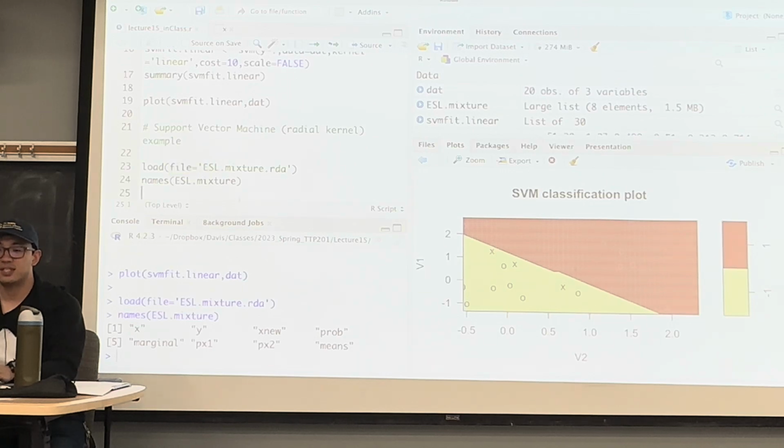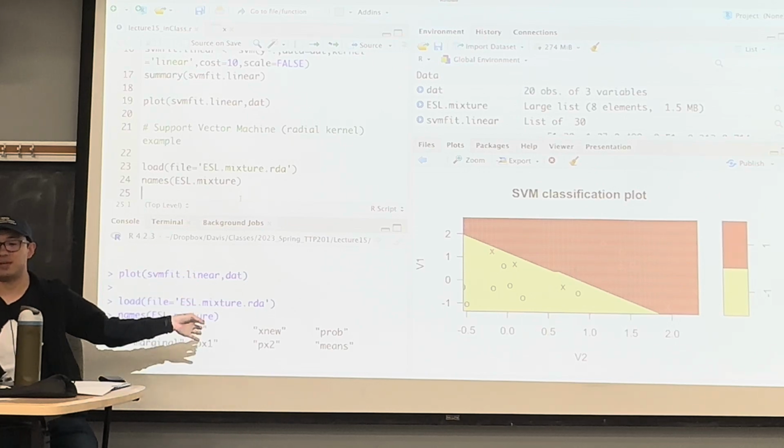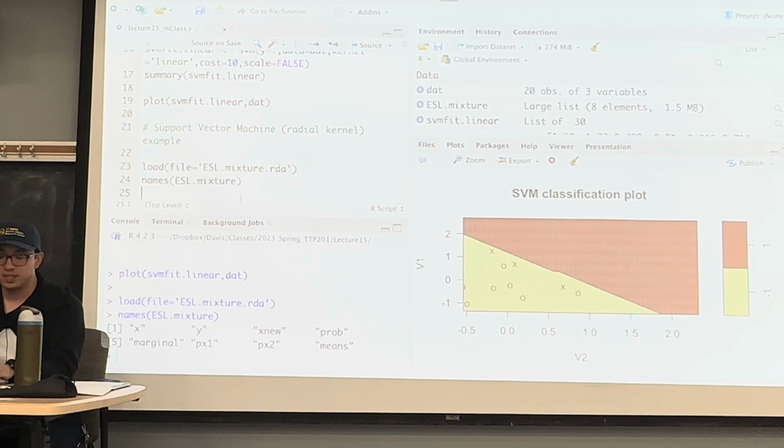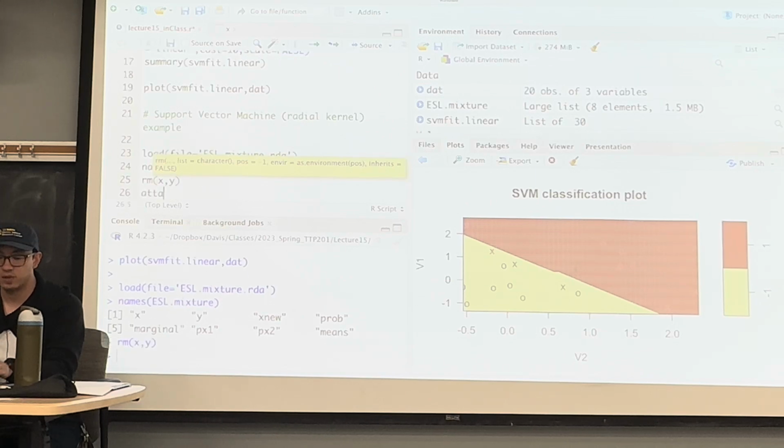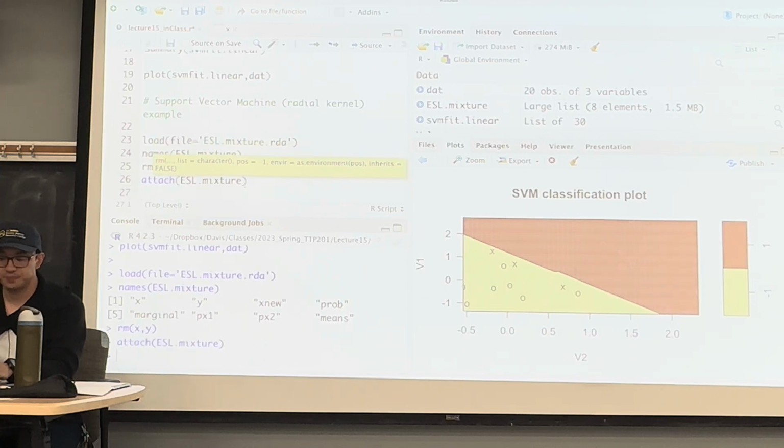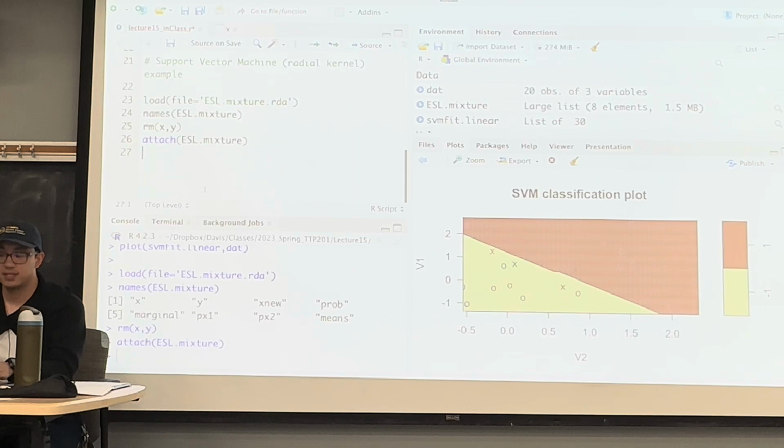From this data set, we have this ESL mixture thing, and it's got x, y, xnew, prop, all of this stuff. We're going to get rid of our x and y from before, and we're going to load ESL mixture. Okay, so let's take a look at this data.